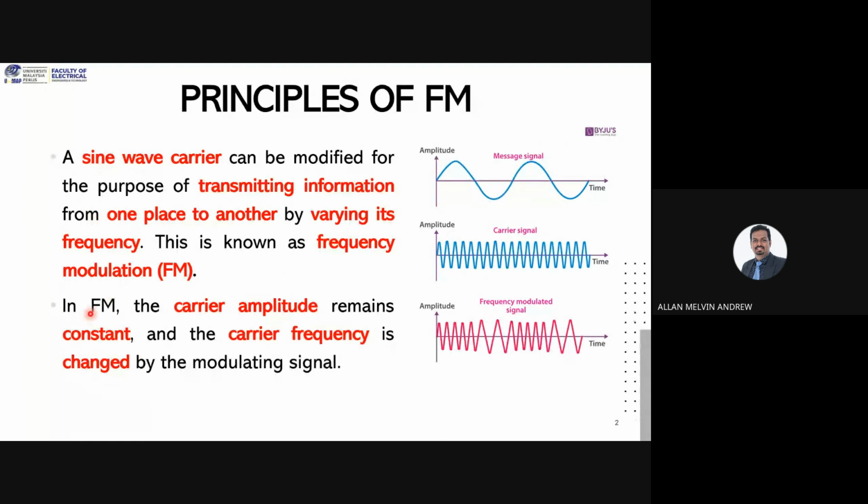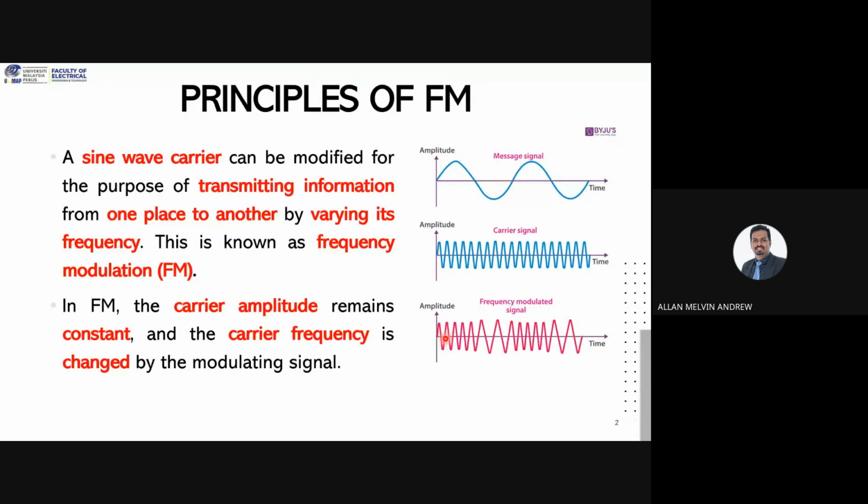In frequency modulation, the carrier amplitude remains constant, meaning it will be the same height. It's not varying in terms of amplitude. The amplitude will be constant, but what will vary? The frequency. When the waveform is near, the frequency is higher.